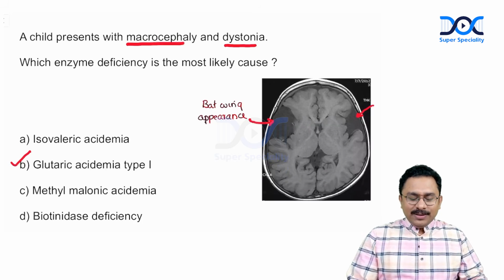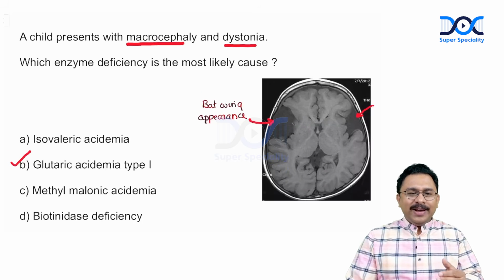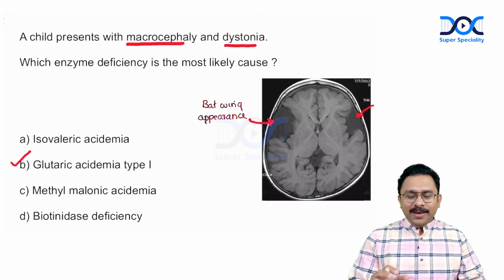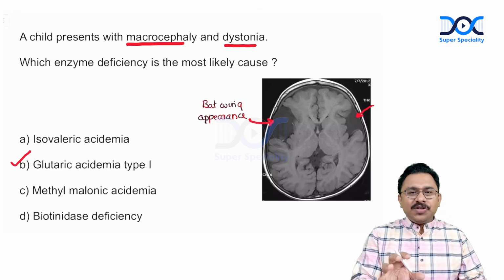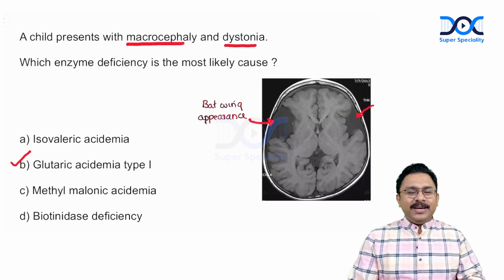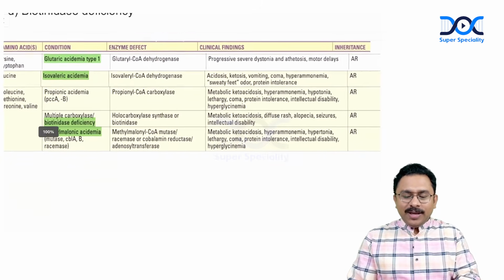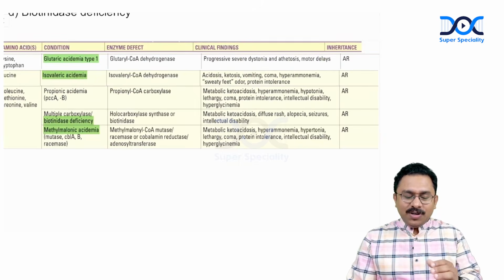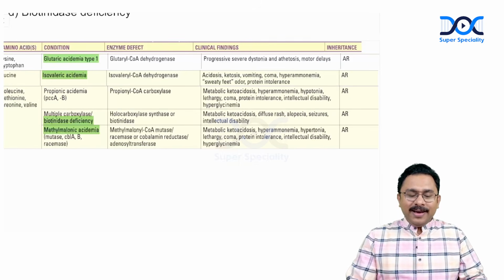Okay. So the other options, isovaleric acidemia, would again have basal ganglia involvement. Okay. And if you look at the constellation of clinical presentation with the imaging finding, option B is the right answer. I'm also taking your attention to this particular table in Harrison.